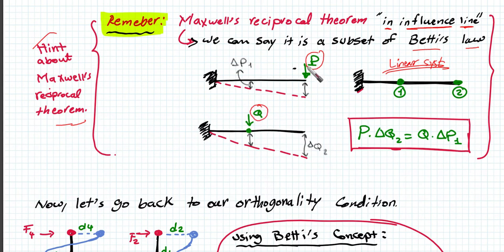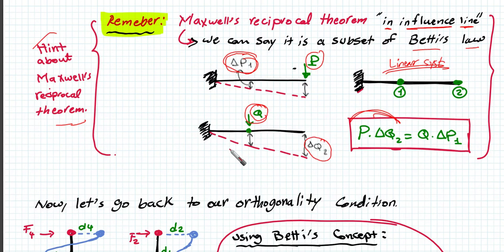When we apply the load P, we find that the displacement at point 1, let's call it delta P1. And when we apply Q on point 1, the displacement that is going to be developed at point 2 is delta Q2. Maxwell's reciprocal theorem says P times delta Q2, this is the work done, equals Q times delta P1.